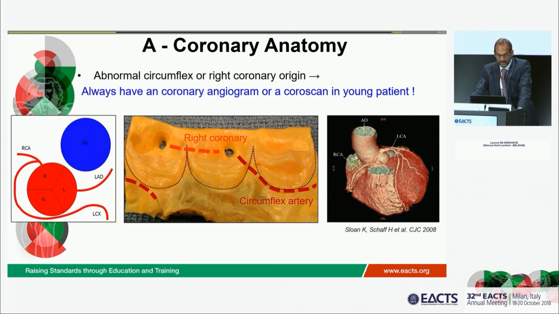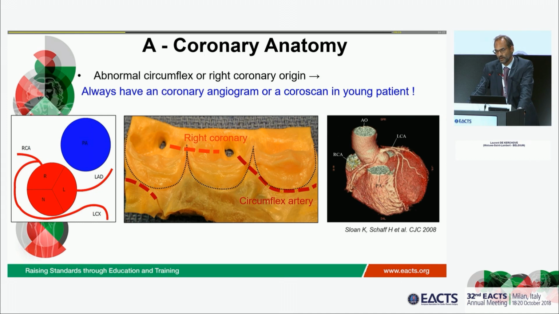So let's start with the coronary anatomy. Of course, you can have abnormal circumflex or right coronary origin. So it's better to have an angiogram or a coroscan in your patient and to see it. Right coronary artery can arise from the main trunk, and then it crosses behind the commissure.